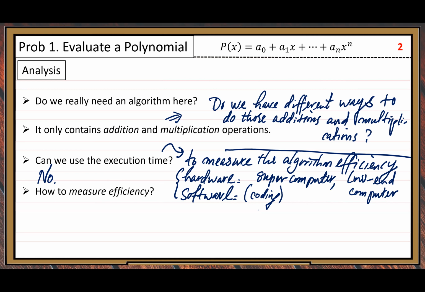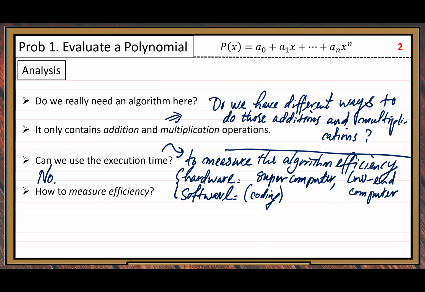Some senior, some smart programmers can write much more efficient programs than some beginner programmers. Although we use the same machine, the programmers are different, so the result, the execution time, could be different.